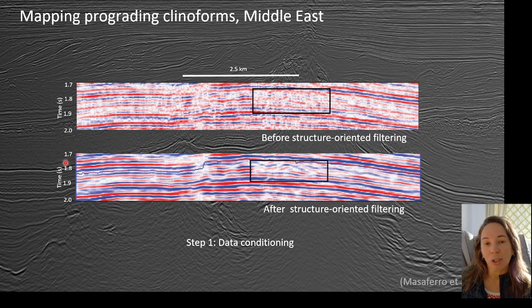Structurally oriented filtering is a very common step that most software packages have, and you can apply it after seismic processing. So you as an interpreter should be able to apply this step. You can notice, particularly in that black square, an improvement in resolution and reflection termination continuity.